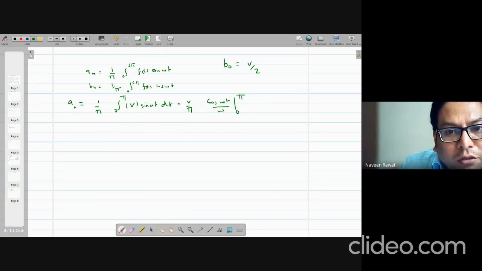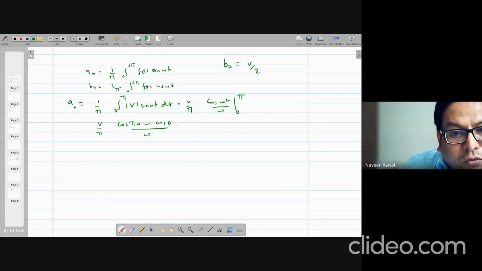So then you have v by pi times cosine of pi omega minus cosine of 0, divided by omega. Again, this is just a factor. Omega can be 1, it doesn't matter. If you take omega as 1, then cos of pi is minus 1, and minus cos 0 is again minus 1.